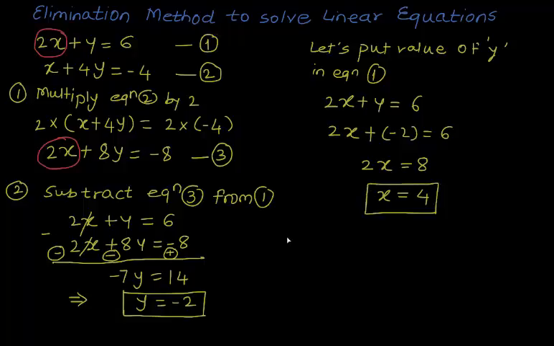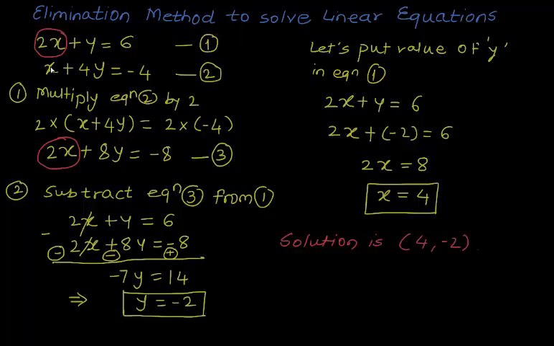With the elimination method, we got the solution of these linear equations as x has value 4 and y has value minus 2. So in the elimination method, you have to find a suitable variable to eliminate, and according to that, you have to convert the equations such that the variable gets removed.